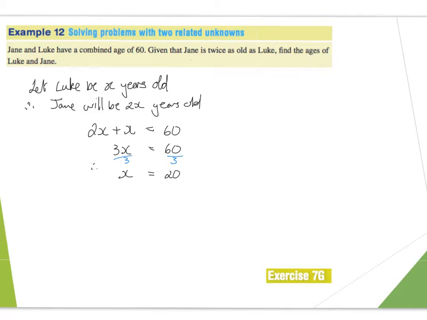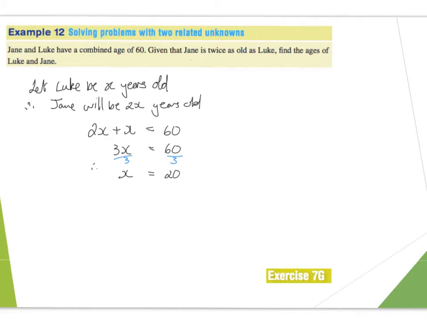Now, the last part, ensure you answer the original question, including the correct units. And this is where some of you might make mistakes, and I don't want you to make those mistakes in the exam. The question was, find the ages of Luke and Jane. Luke was x.